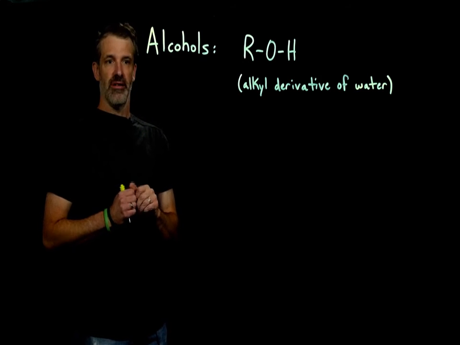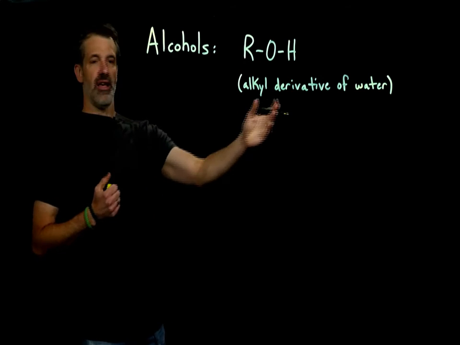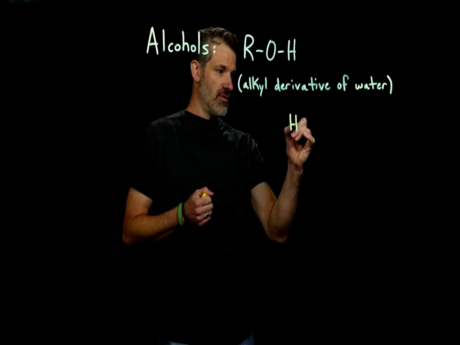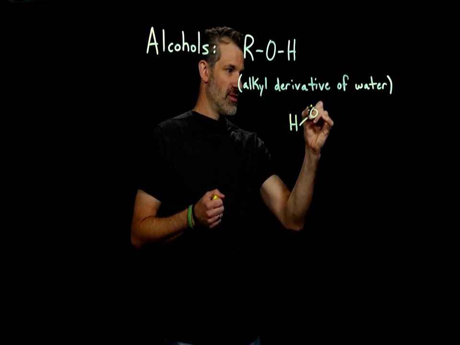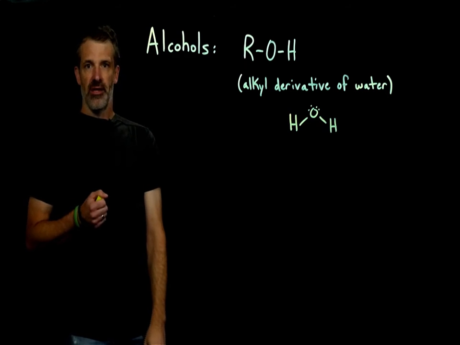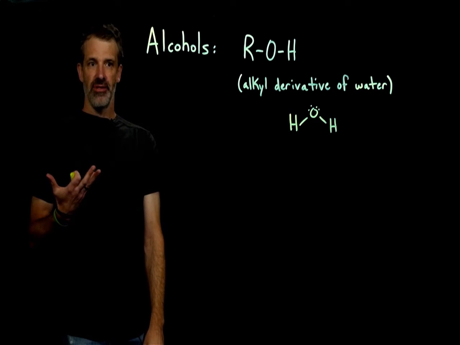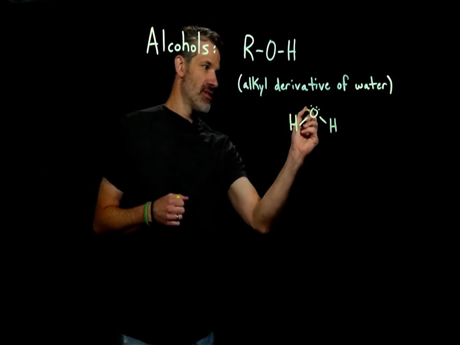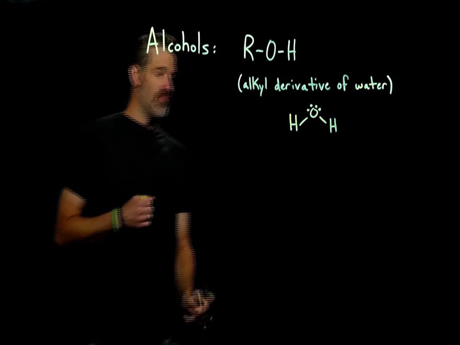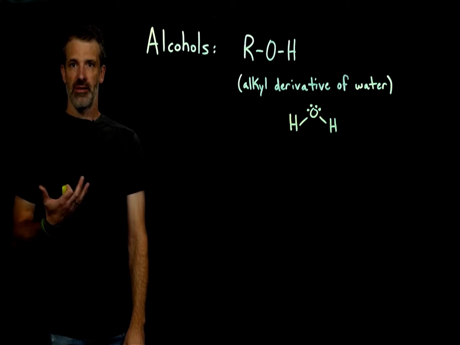So think of alcohols as alkyl derivatives of water. Water with its central oxygen and two surrounding hydrogens has a bent shape due to the lone pair of electrons on the central oxygen.